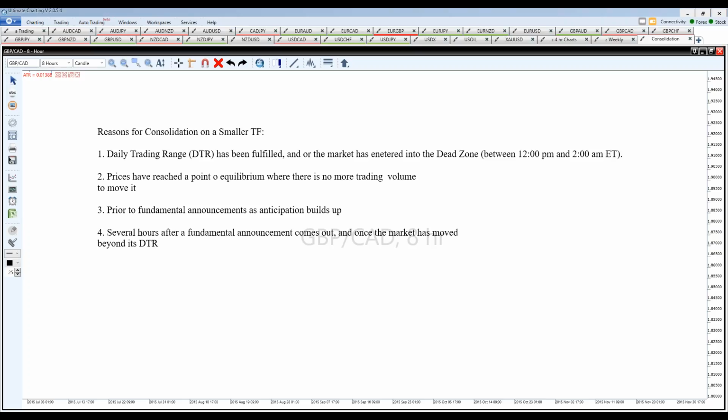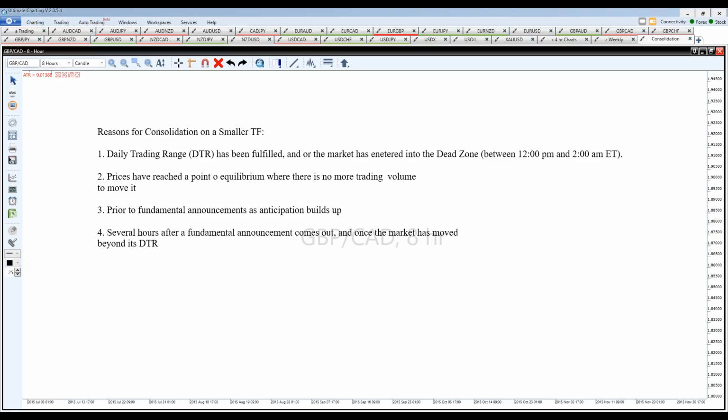Now let's talk about the dead zone. As you all know, the trading day is divided in two zones. We have the active zone, we have the dead zone. During the dead zone, volume tends to fall. The amount of activity on the market tends to drop, and you will likely see less volume and less directional movement than the one that you'll find during the active zone.